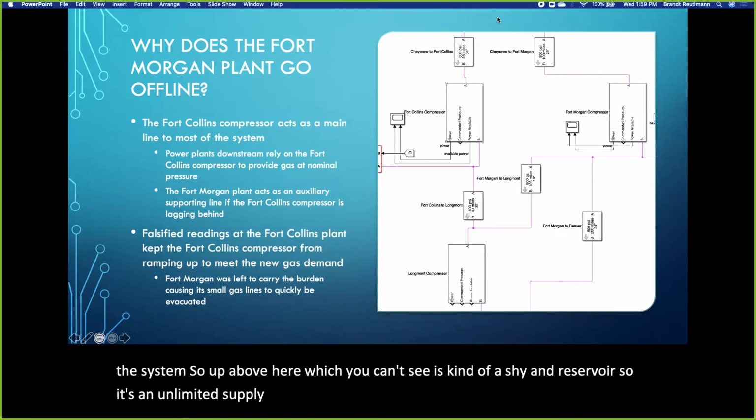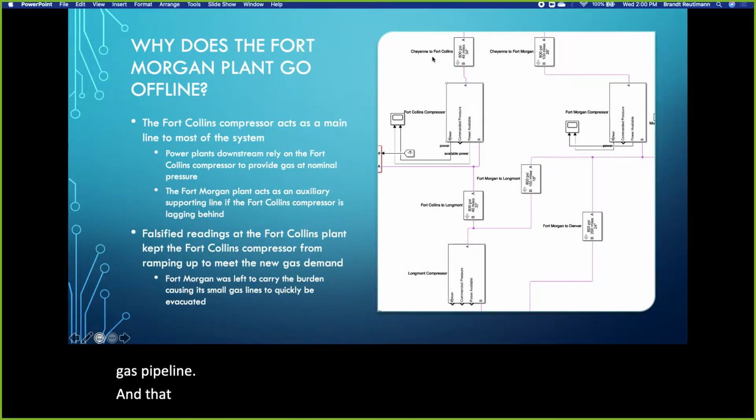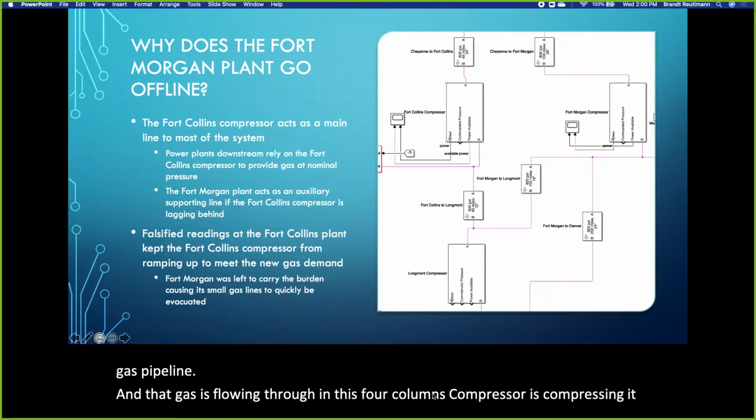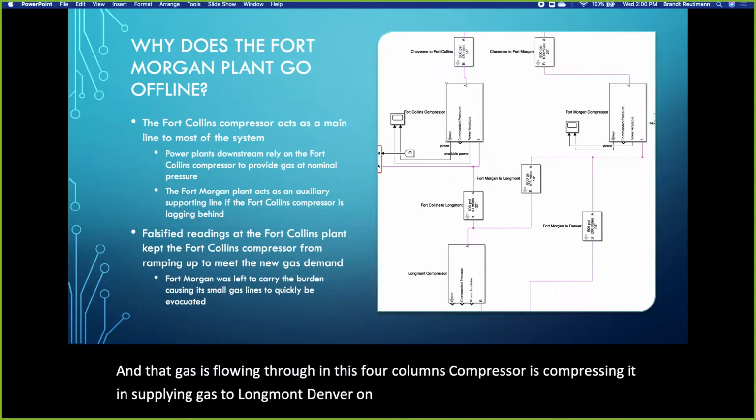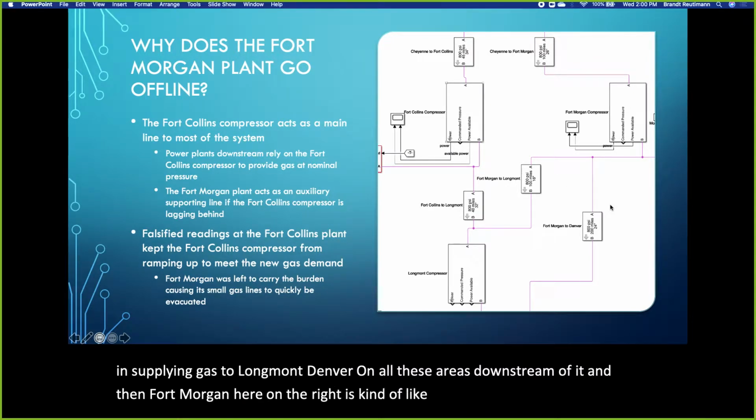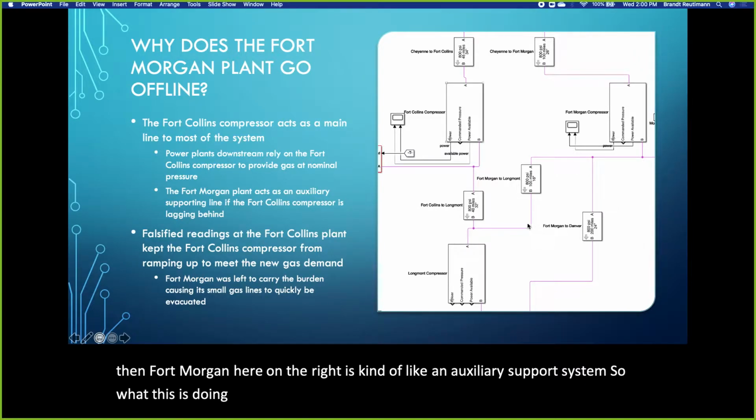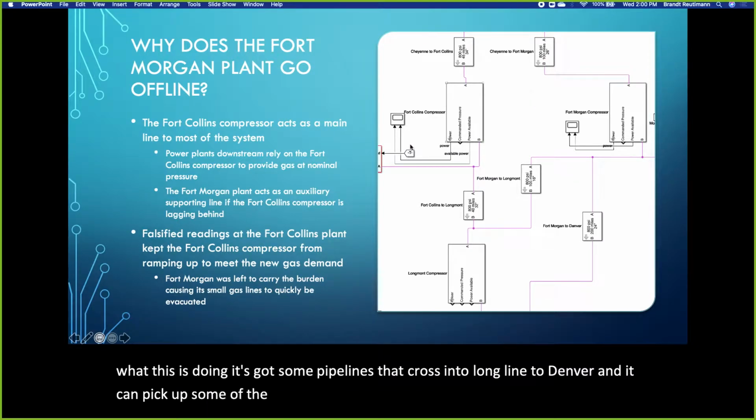We're isolating this one section of a gas pipeline. That gas is flowing through, and this Fort Collins compressor is compressing it and supplying gas to Longmont and Denver and all these areas downstream of it. Then Fort Morgan here on the right is like an auxiliary support system. It's got some pipelines that cross into Longmont and into Denver, and it can pick up some of the slack if this Fort Collins compressor isn't able to handle the demand.